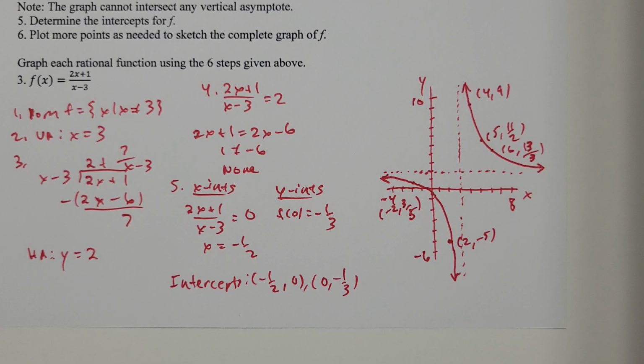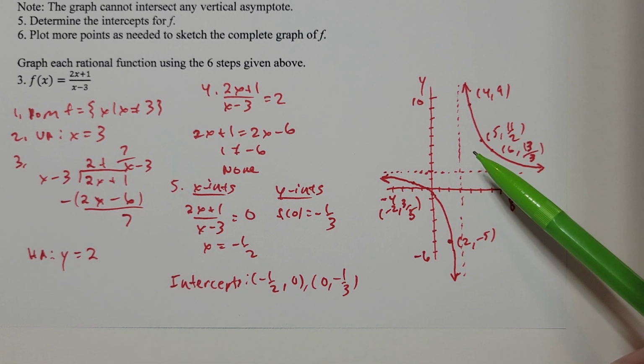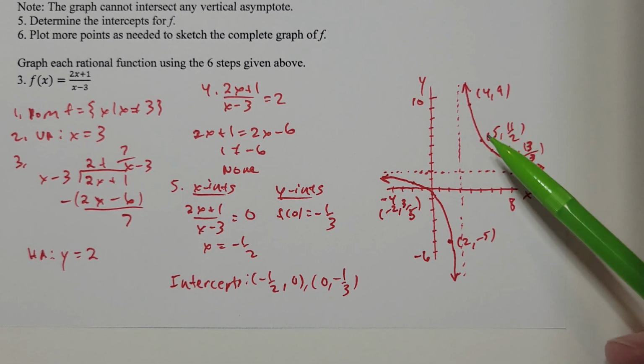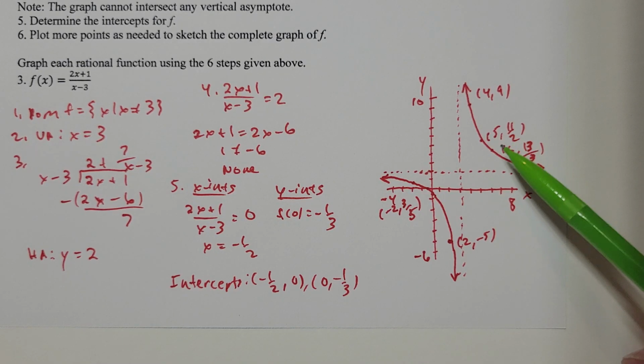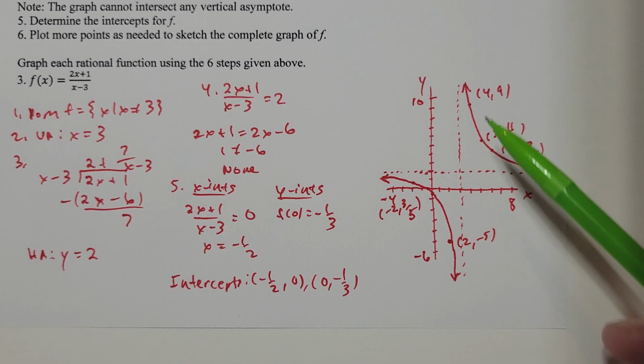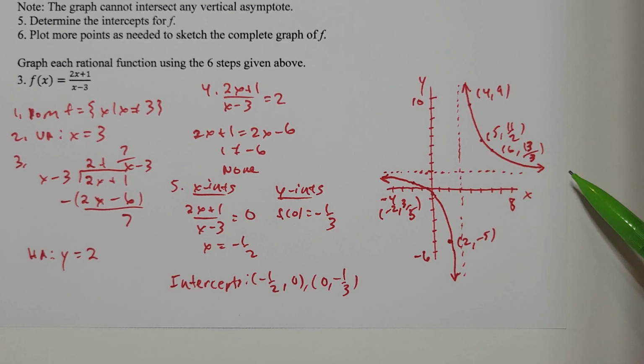Now, keep this in mind. You shouldn't need lots and lots of points. Really all I needed was 1 point in this upper right-hand region to know the rest of the story. If x is 5, y is 11 halves, and I plot that point, I know that the curve is going to come down the vertical asymptote and approach the horizontal asymptote.